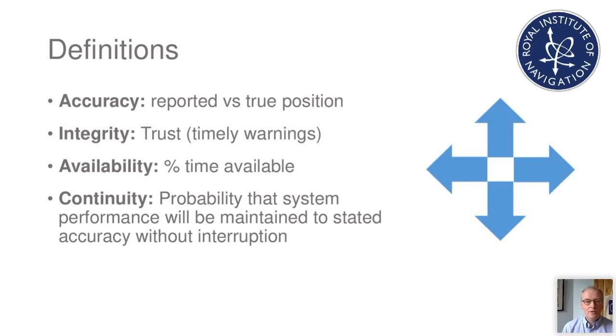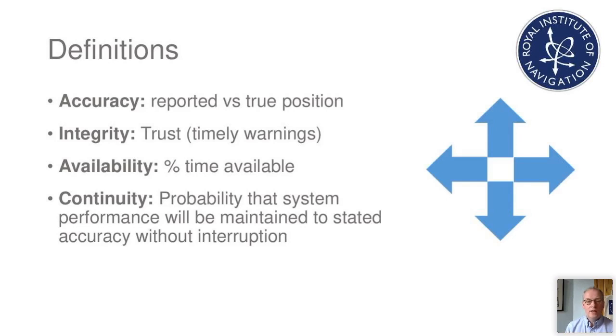Availability is normally shown as a percentage and is defined as the percentage of time that the position, navigation, or time is reported. And continuity is the probability that the system performance will be maintained to stated accuracy without interruption.